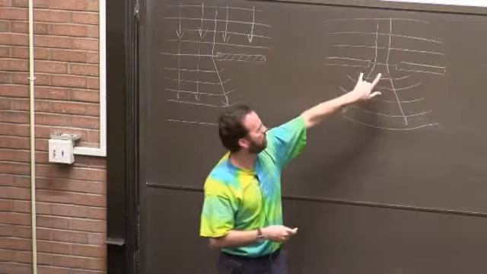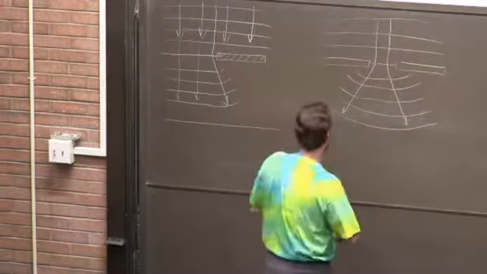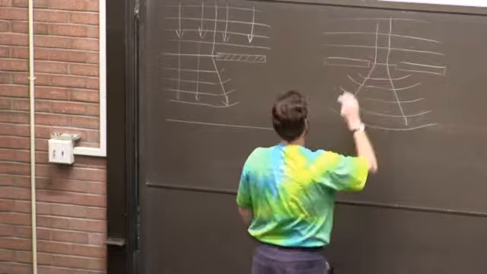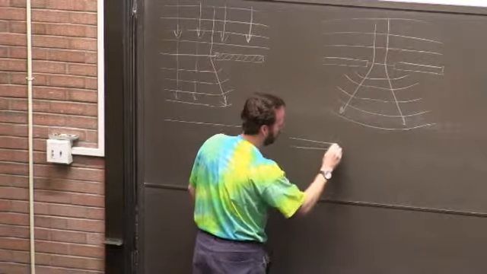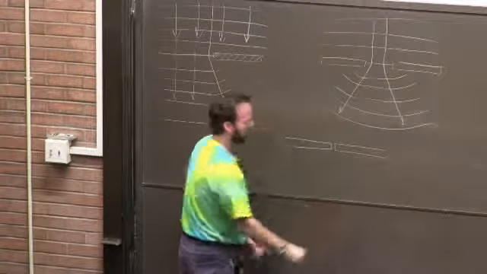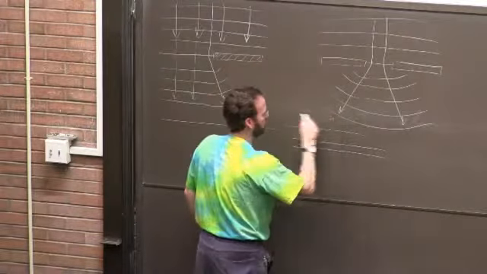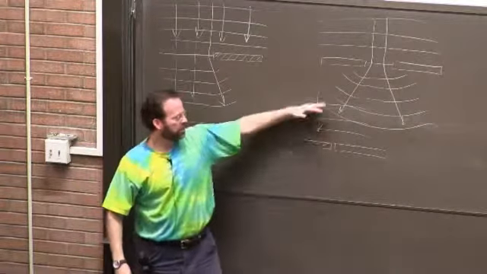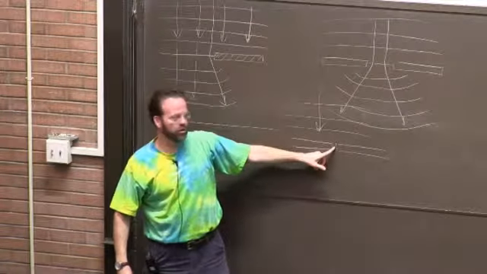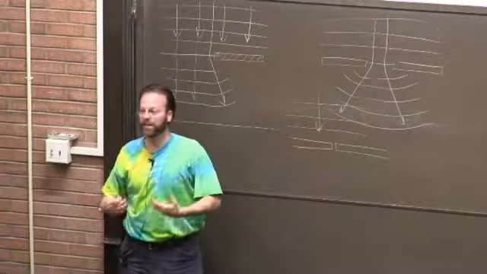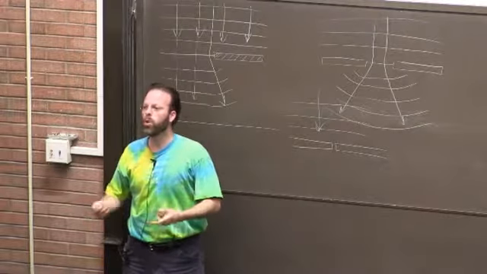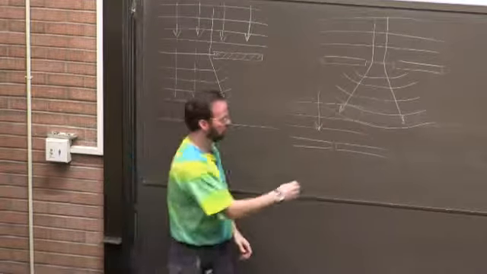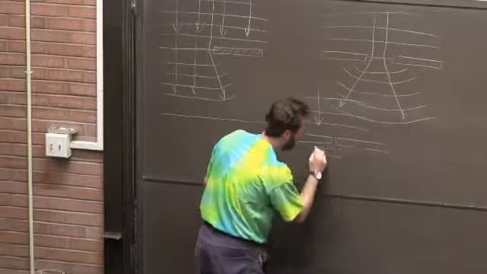Which is a good point. If this opening is smaller, like that, and you got the waves coming in, think of it. This wave is trying to fit through this little opening, so it's going to get affected more. There'll be more diffraction, and it'll spread out even more.